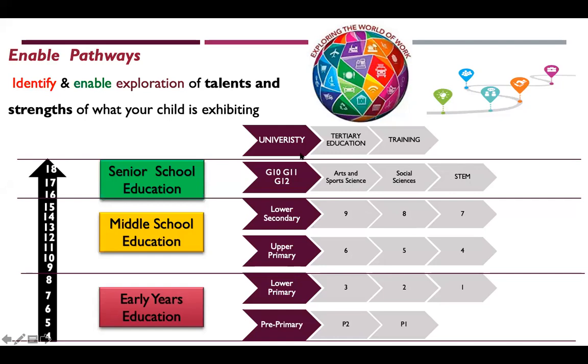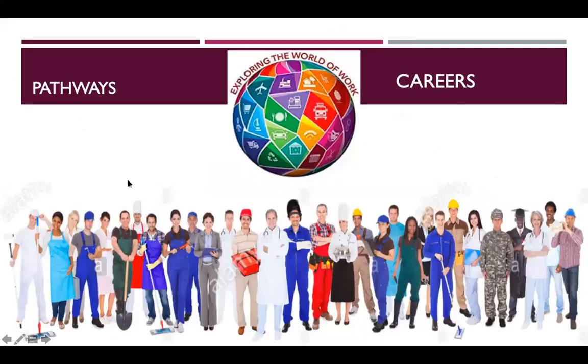So that's how you begin to identify the pathways that they want to take, and therefore direct them or help them find direction in whether they will continue with a university degree or join a tertiary institution to enhance what you have helped them explore already, and now you just want to strengthen so that your child can move on to the career world, okay? So this is critical. The pathways are critical in helping your child get a direction towards the career world, okay?